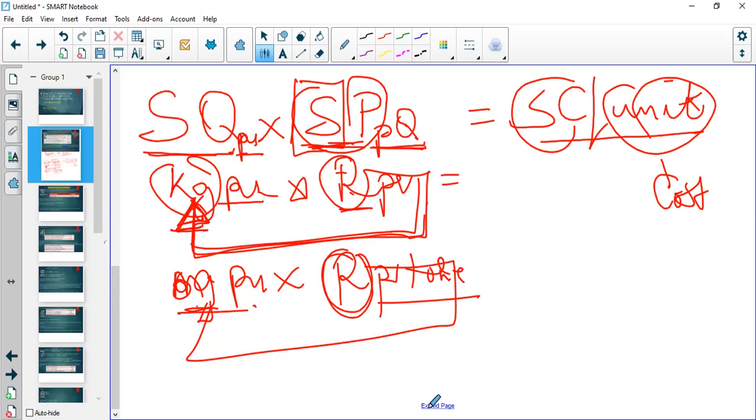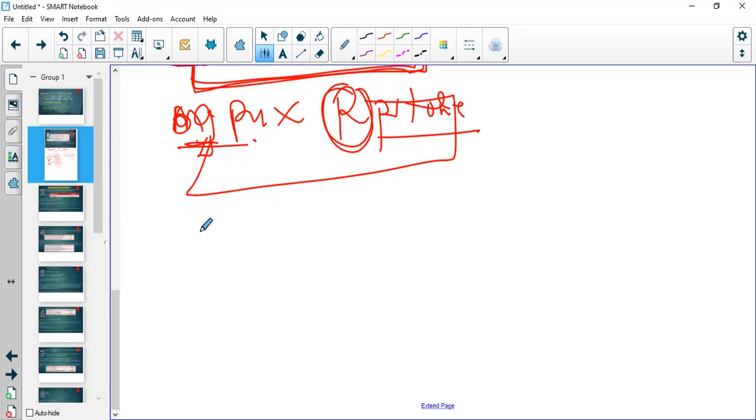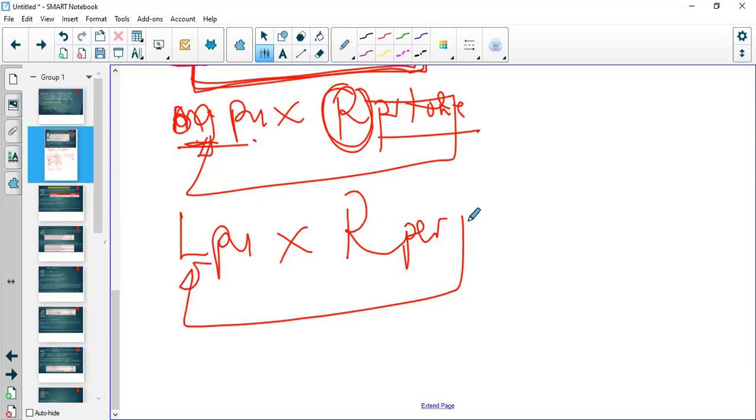All right. If the standard quantity we need is measured in liters per unit, then we need to have rands per liter. All right. So if we multiply liters per unit, which is the standard quantity, multiplied by rands per liter, then we're gonna get the cost, which is per unit. All right.